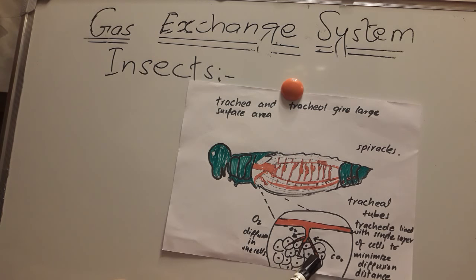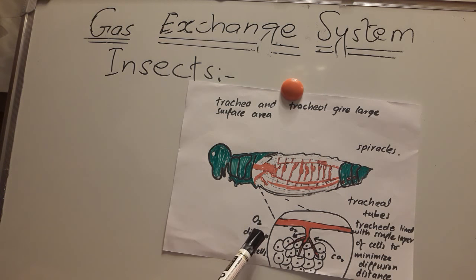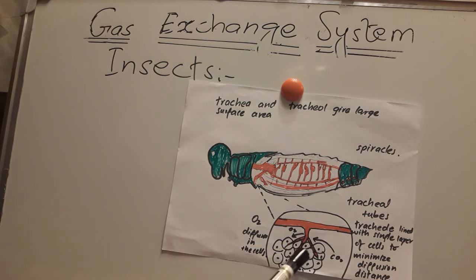The oxygen moves down its concentration gradient from the spiracles to the trachea, or even further to the respiring cells. So it means that oxygen is directly diffused into the cells. These are the respiring cells, and the byproduct of respiration is carbon dioxide.